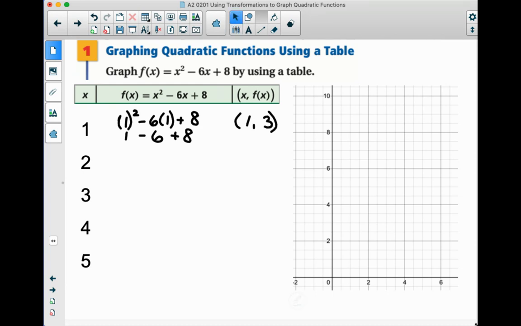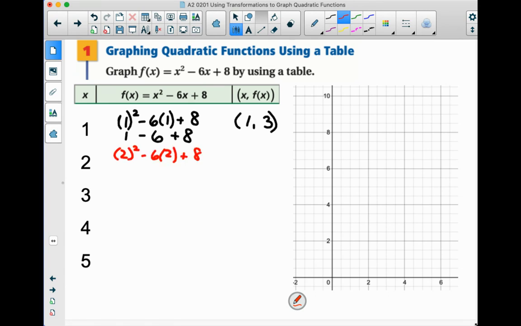Then we try it with the number 2. 2 squared minus 6 times 2 plus 8. 2 squared is 4. 6 times 2 is 12 plus 8. 4 minus 12 is negative 8 plus 8 is 0. So we put in 2 for x. We got out 0 for y.